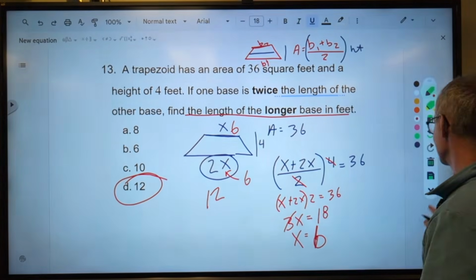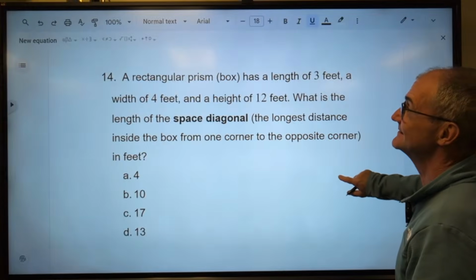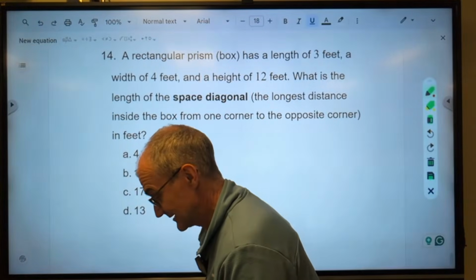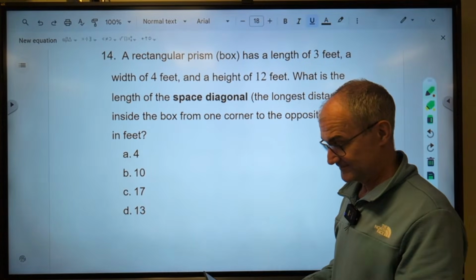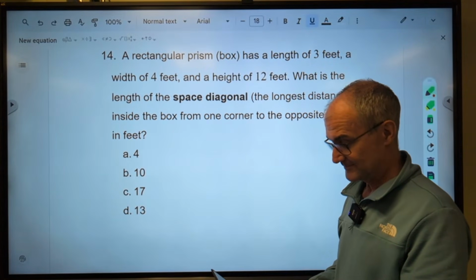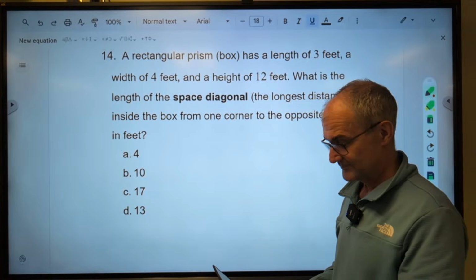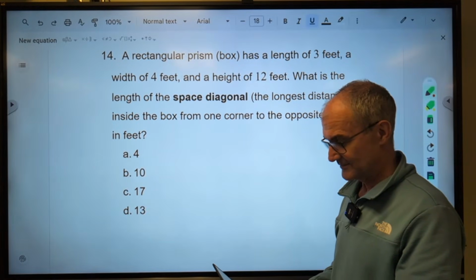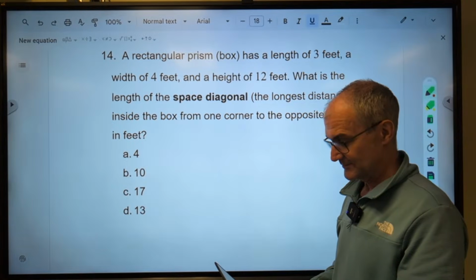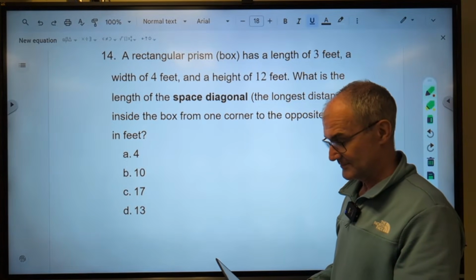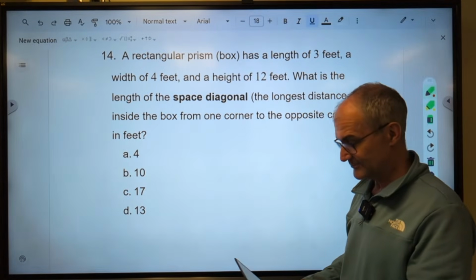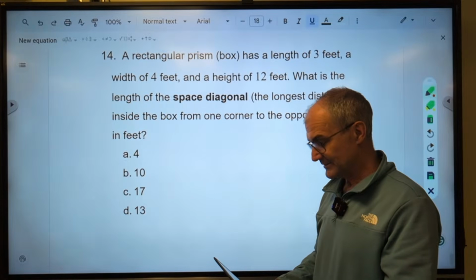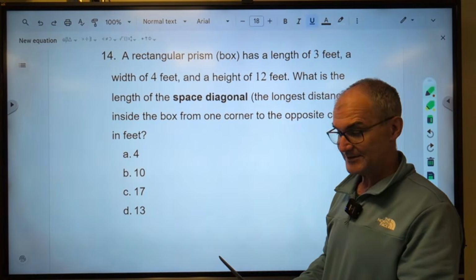All right, last problem, number 14. It's kind of turning into a record here. You guys are doing all right. I sure wouldn't bag on anybody not doing well. You just need to work a little bit. Everybody's got their gifts.